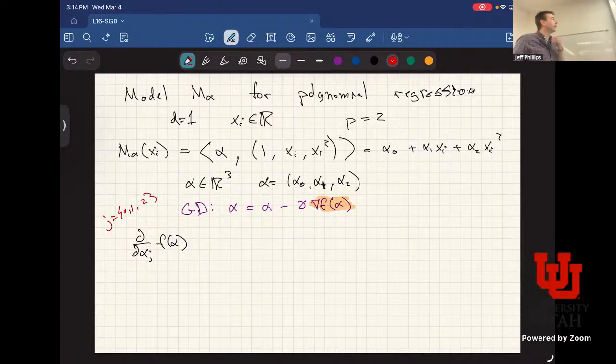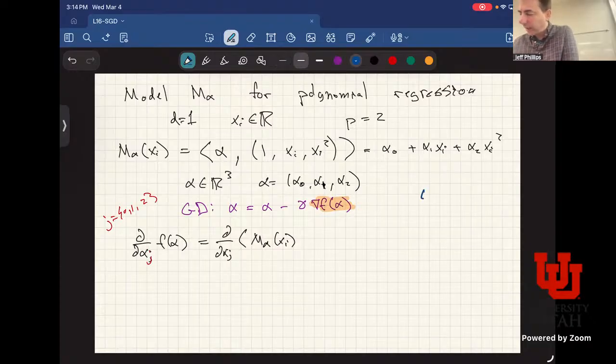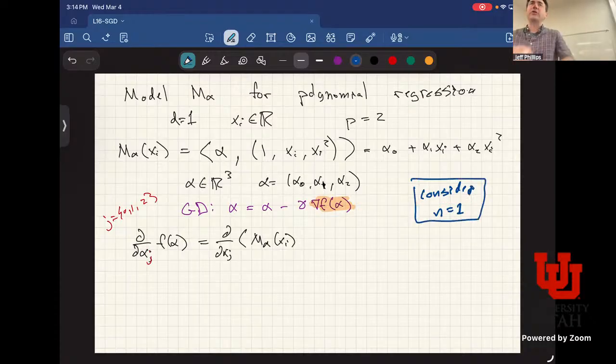Let's write down what this is in this case: the derivative with respect to alpha j of m alpha of xi. Instead of the sum, let's consider the case where n equals 1. We're going to start with this case, so we only have one data point and I don't have to write down everything about the sum.